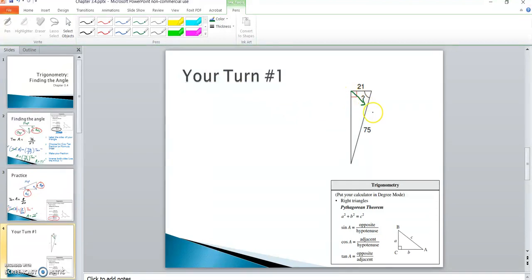So I'll draw an arrow through the right angle, and this will be my hypotenuse. The angle also touches the adjacent, and the last one is the opposite.